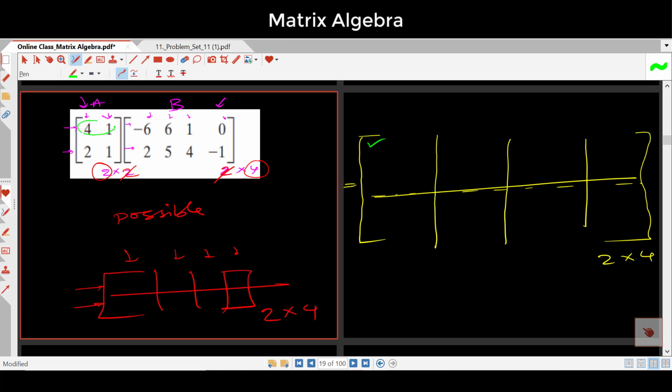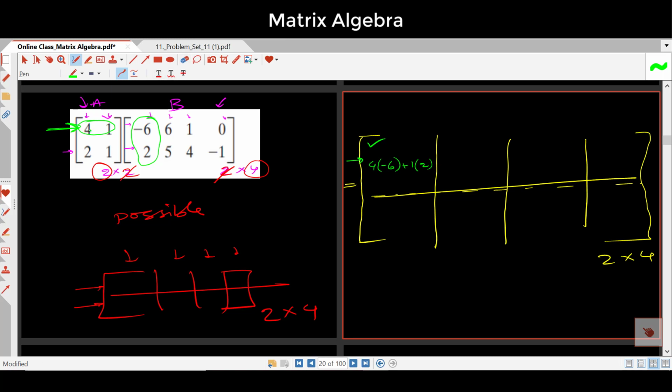At first, this first row is based on the first row of A. So do calculations for the first row of A and the first column of B. So 4 times minus 6 plus 1 times 2. We are multiplying entry wise. So this part is done.